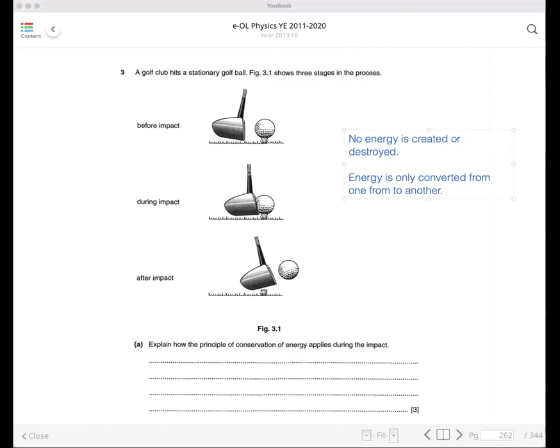There is no creation or destruction of energy. So from here, you can see that at first there is kinetic energy, then converted to sound energy and so on. So in this description, you need to describe how energy is converted from one form to the other. Is that clear?